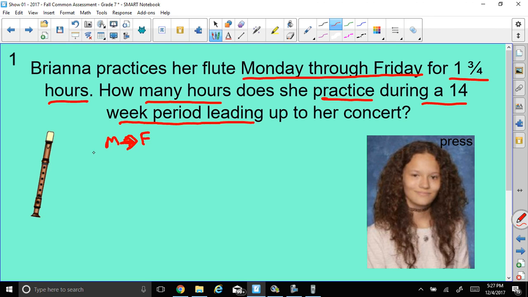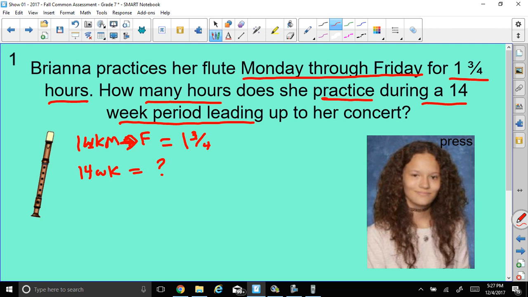So she's going to be doing it for 14 weeks. So I noticed so far she's practicing from Monday to Friday for an hour and 3/4 hour. That's almost 2 hours. So this is what she's doing Monday through Friday, which is 1 week. In 14 weeks is what they're interested in. They want to know how many hours is that.